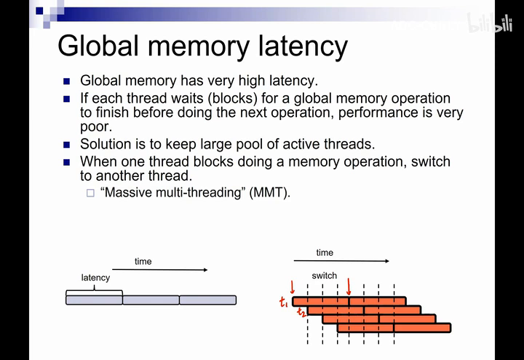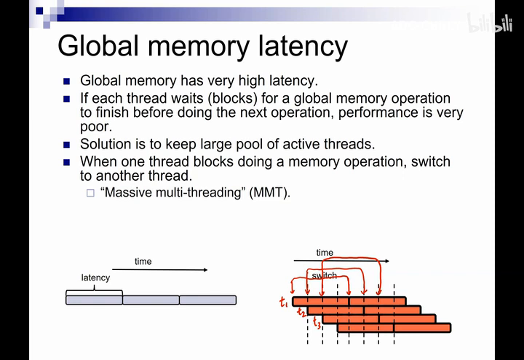Now let's say T2 also starts a memory operation. So actually, I'm going to pair these up. T2 starts a memory operation over here, which would also take a long time to finish. Maybe it finishes at this time point. So instead of waiting for T1 and T2's memory operations to finish, we switch the core to running a third thread, which also starts a memory operation, starting and finishing at these two locations.